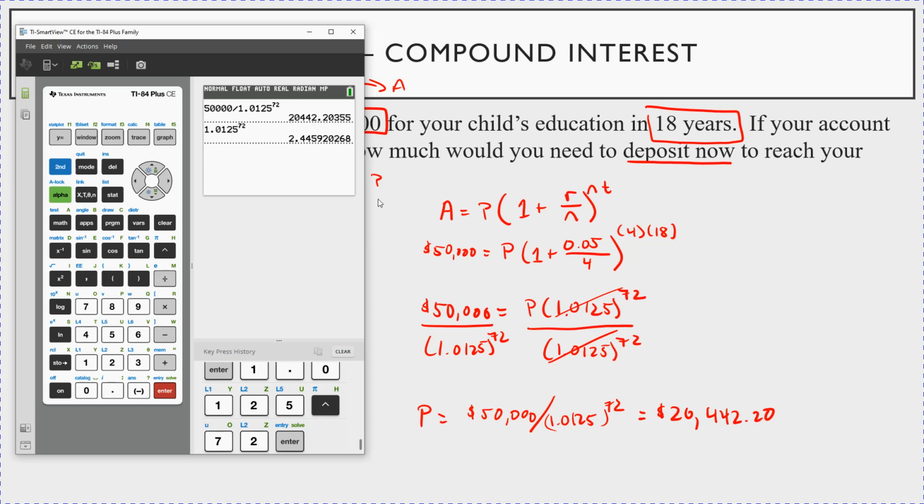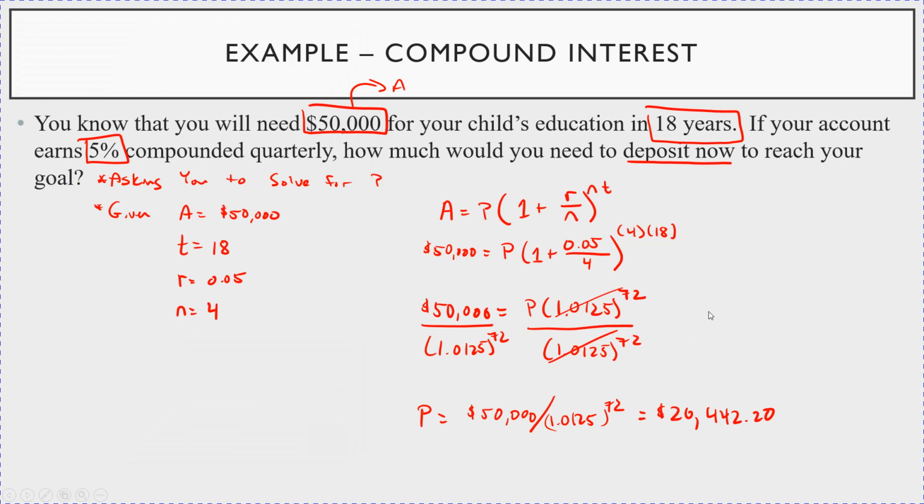Your answer, if you do that, will be slightly different. It'll be off by a few dollars or cents, but if you can follow this way here, it's a little bit easier. So I'm going to have to get that money into my son's bank account right now to get ready for his education.